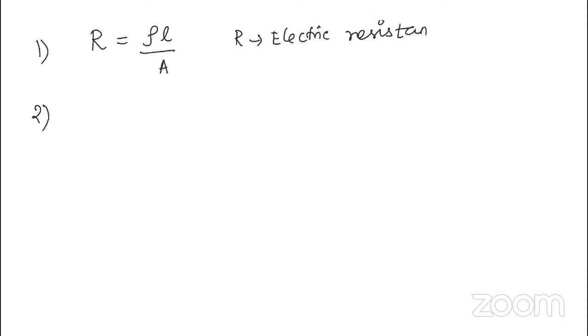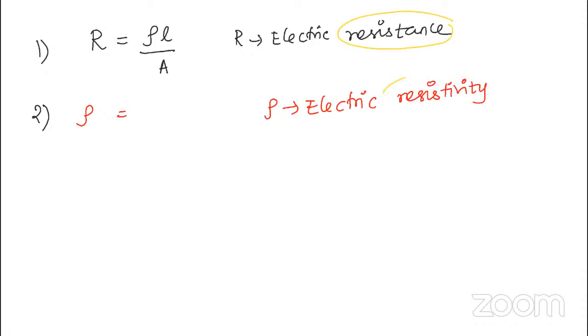If I want the value of rho, how do we write it? Rho is nothing but electric resistivity. So here we have to notice clearly that this is resistance and this is resistivity.